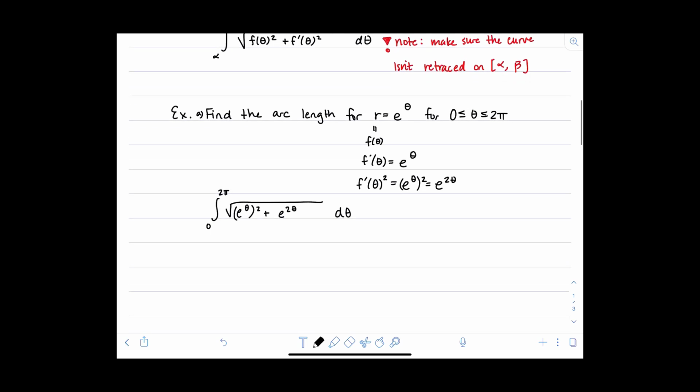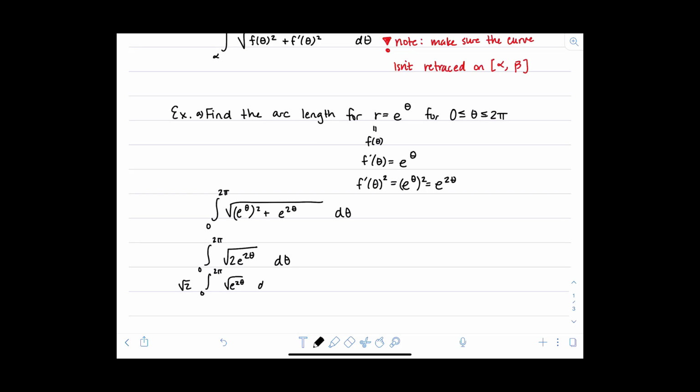So simplifying this, we get 2 e to the 2 theta inside a radical. And when we integrate this, we can pull out that root 2 using our properties of radicals.